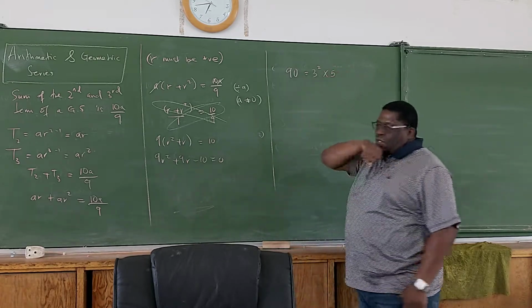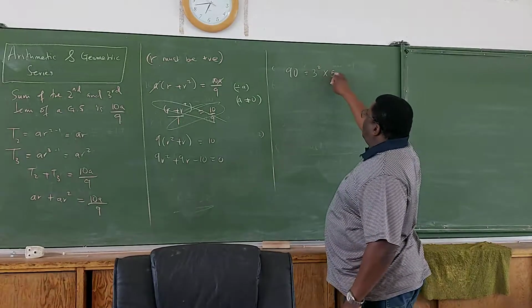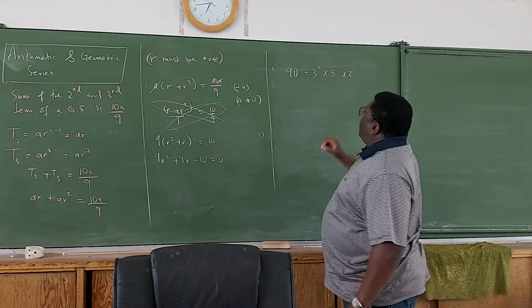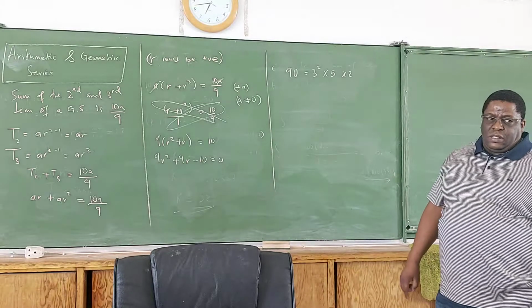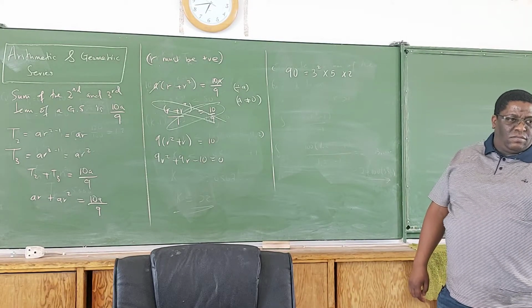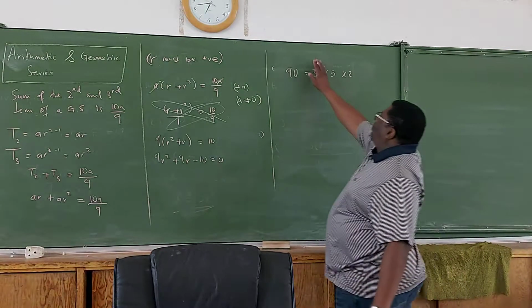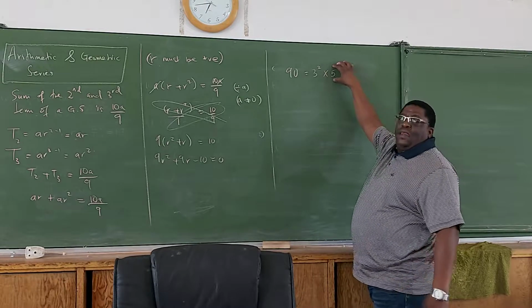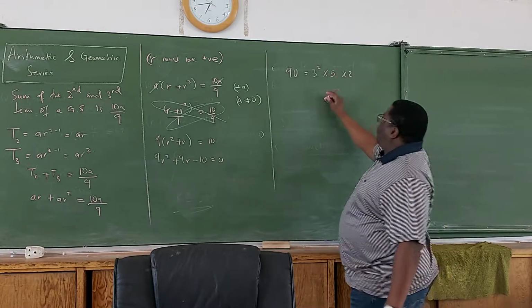Times 5. Am I right? Times something else? Times 2. Right, so we're going to find the numbers from there. 3 times 2 is 6. So what are the numbers? We can't use 9 times 10. Okay? So that one is out of the question.